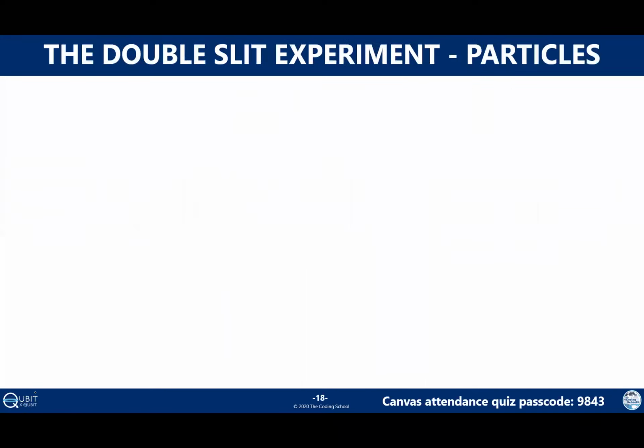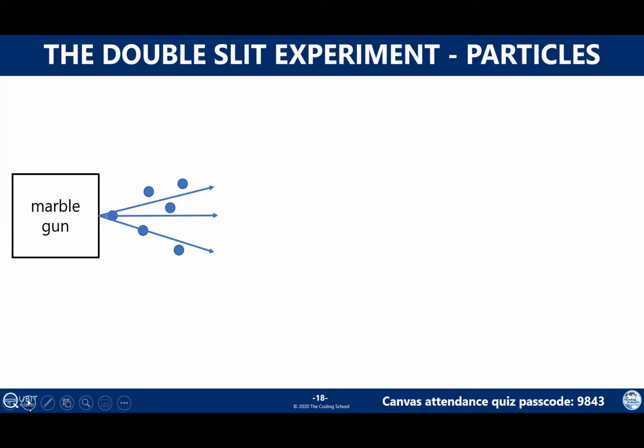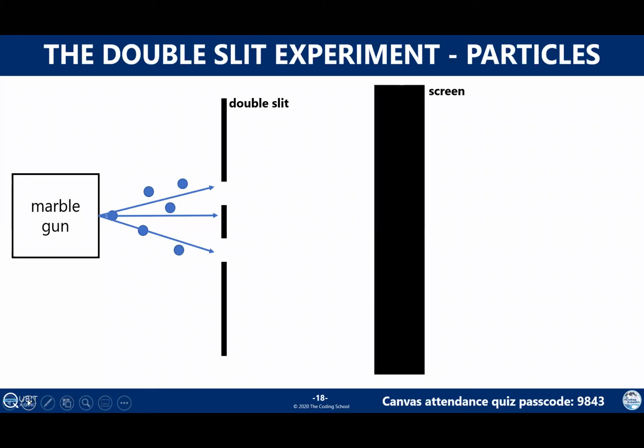So let's think about how this should look for particles. So suppose that my source is a marble gun, right? So this is just something that literally shoots out marbles. And as I said, there's kind of this conic spread pattern that comes out of it. We put our double slit in front of the source. We line up our wall.